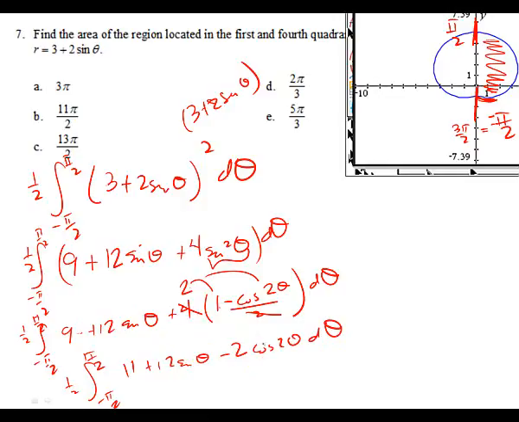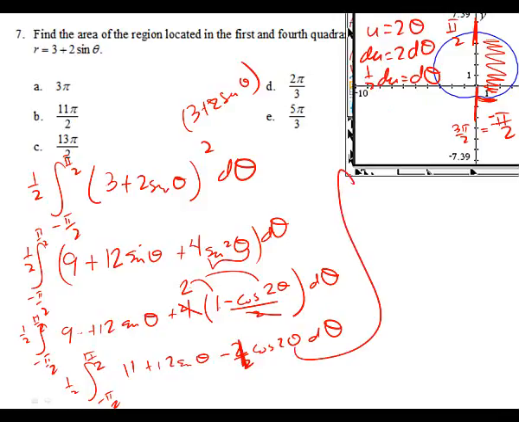All right, before I go any further, let's do our u substitution. My u would be 2 theta, right? So du is 2 d theta. So you have 1/2 du equals d theta. So I need to add a 1/2 in here, so what's going to happen to the front? There's going to be a 1, right? Okay, so I'm going to try to squish it in right here. So we've got 1/2. When I integrate 11, what do we get? 11 theta.